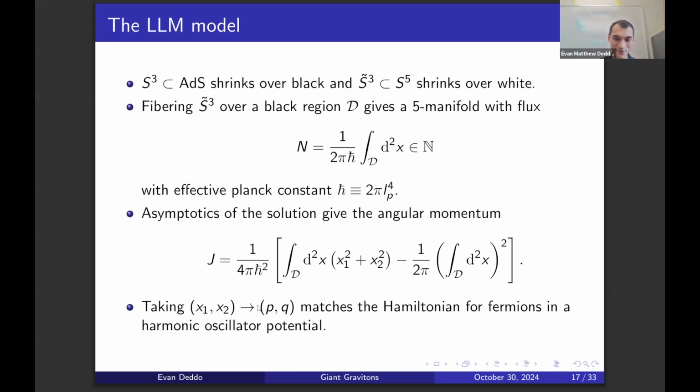Because if we think about this plane as being phase space, this will exactly match a description of a Fermi liquid in phase space, where we have basically N different fermions all moving around in circles in phase space, and it's like an incompressible fluid because of the properties of phase space. This is a very robust correspondence that's been understood from field theory as well. It will come into play later.